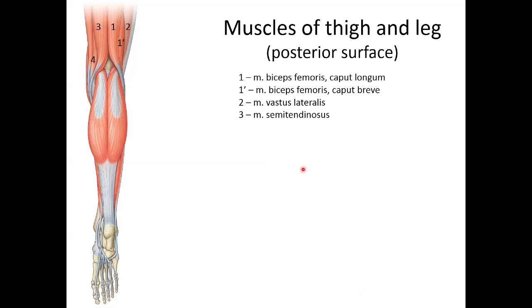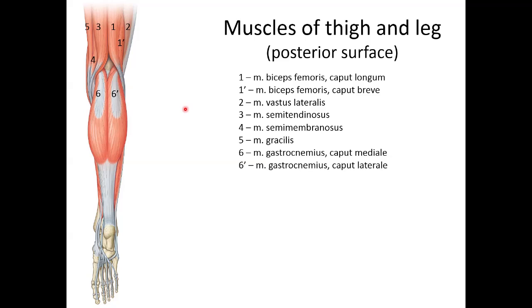Number 4, more deeply located, is musculus semimembranosus. And number 5, here it is, musculus gracilis. So, all these muscles we already know. And more inferiorly we can find musculus gastrocnemius with 2 heads, caput mediale and caput laterale.